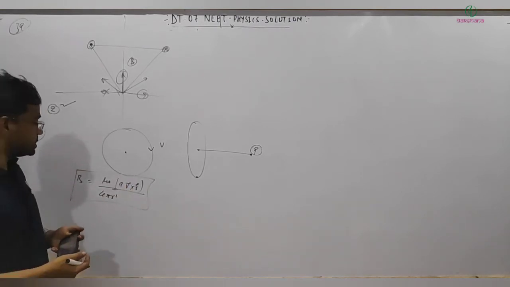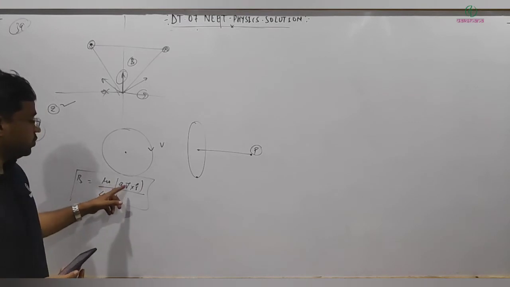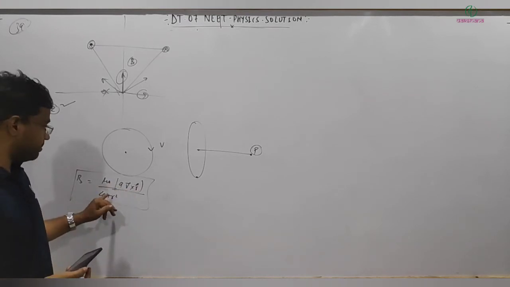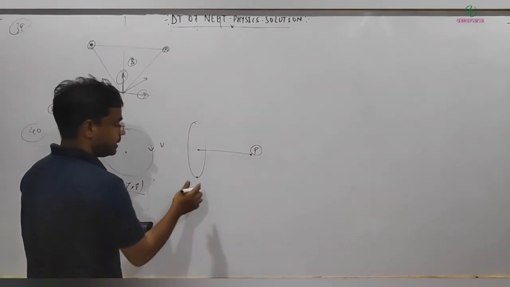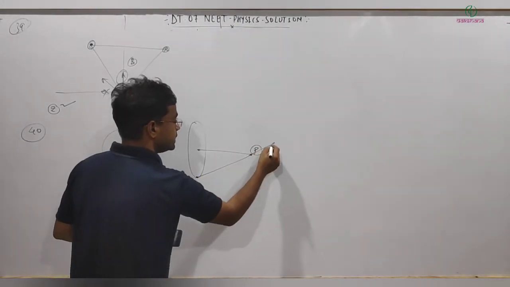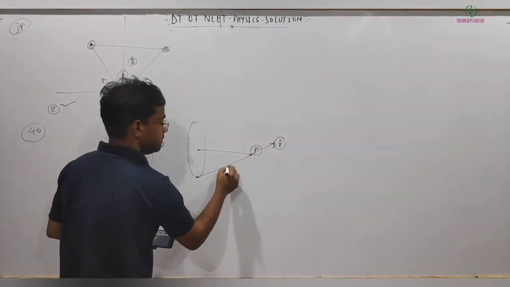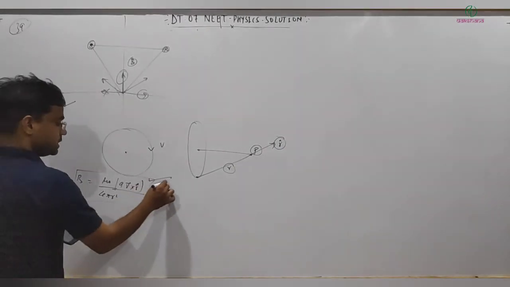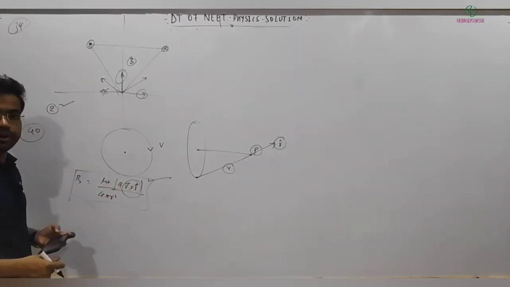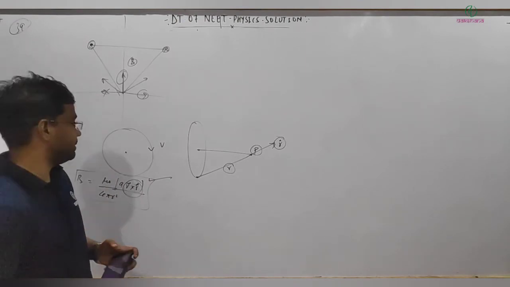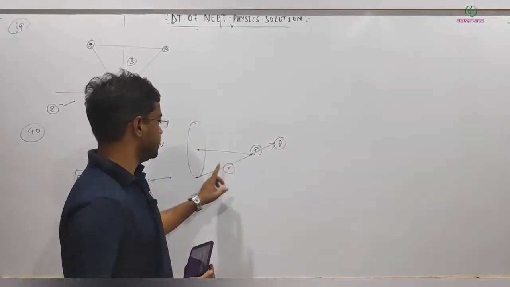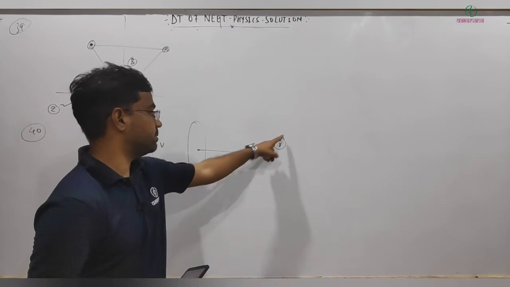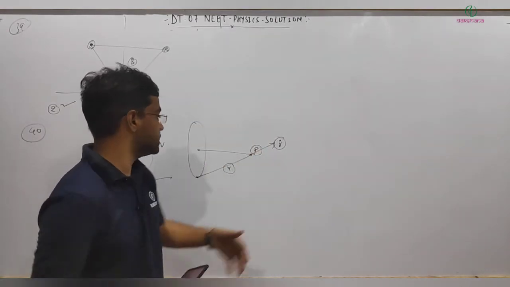In this situation, only the R cap is changing, even though R remains constant. The R cap direction is changing, because when the charge particle is here, R cap will be this, and when the charge particle is here, R cap will be this.